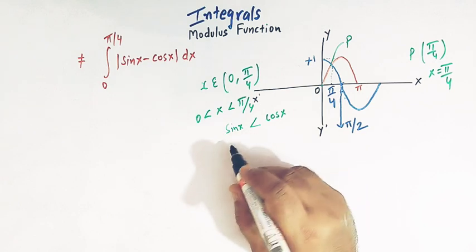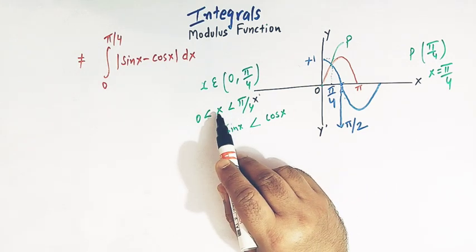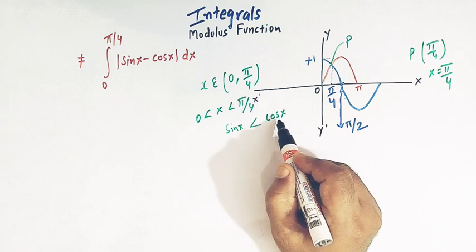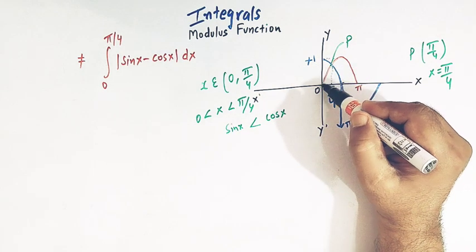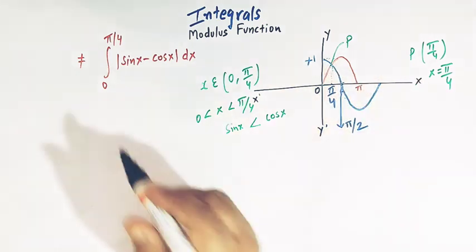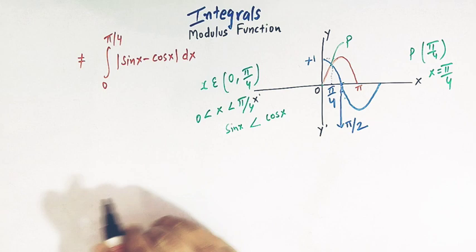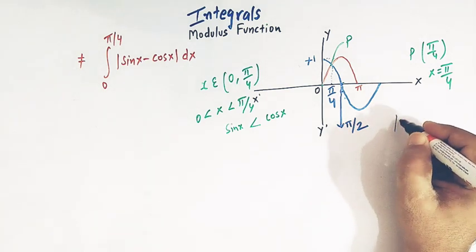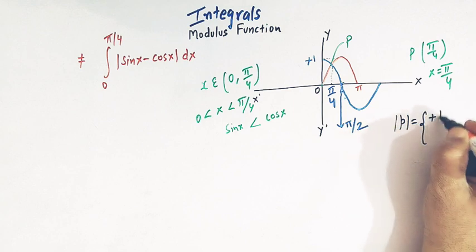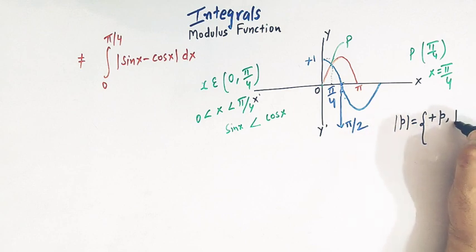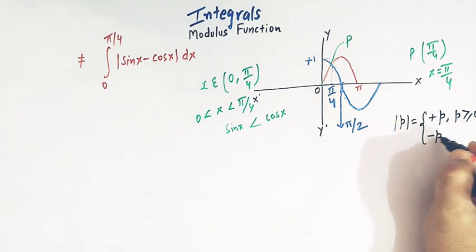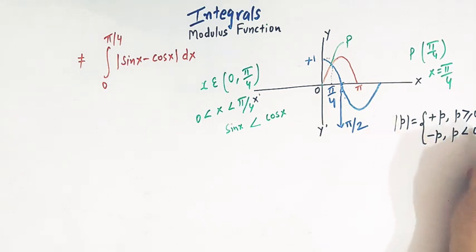So from the graph, we see that for x belonging to this interval, sine x is always less than cosine x, because this red curve lies below the blue curve. By the definition of mod function, we know that mod of p is positive p when p is greater than or equal to 0, and mod of p is minus p whenever p is less than 0.